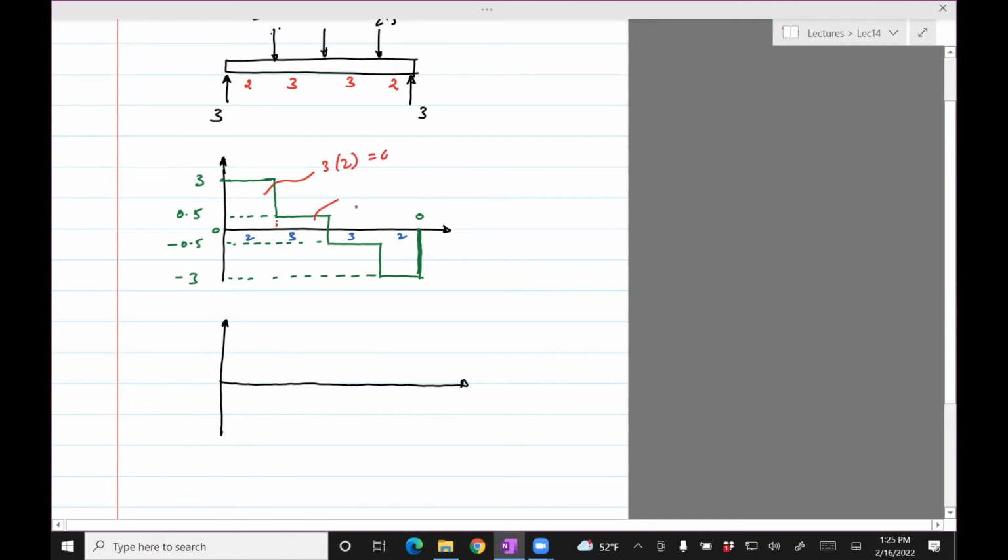This area: height is 0.5, length is 3, so 3 times 0.5, 1.5. This area is minus 1.5, the same as the previous, but with the negative sign. And this one is going to be 3 times 2, minus 3 times 2, so it's going to be minus 6.